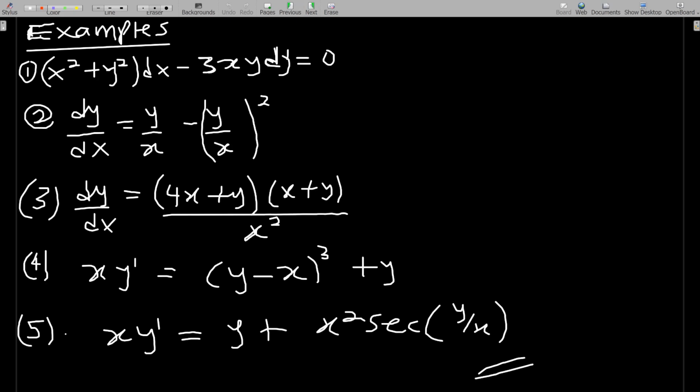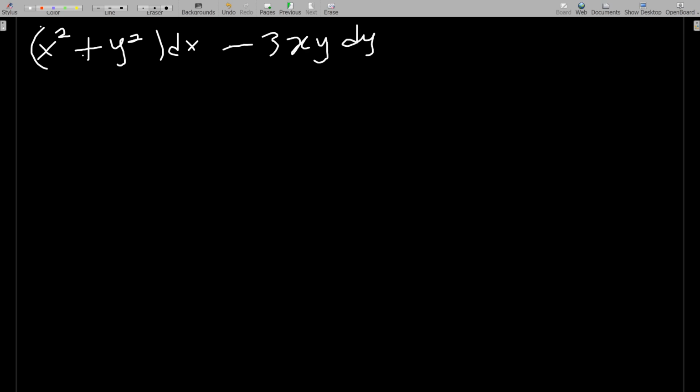So let's pick examples. You are supposed to show that these are homogeneous, and we'll go through all of these quickly and then we'll understand. The first one is, you are supposed to show that the differential equation (x squared plus y squared) dx minus 3xy dy is equal to 0.